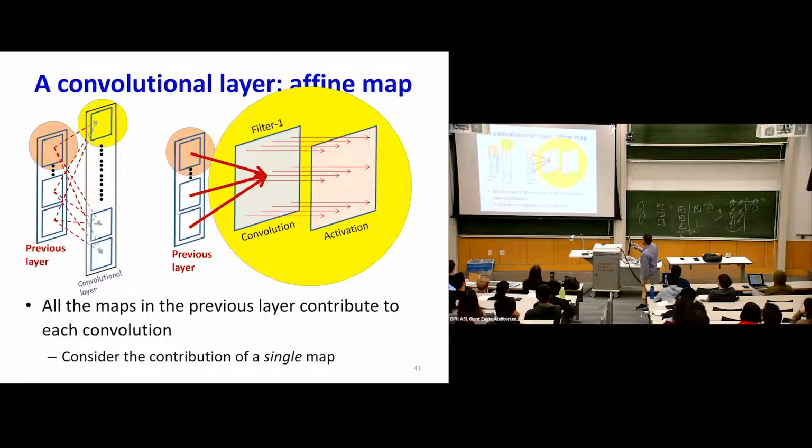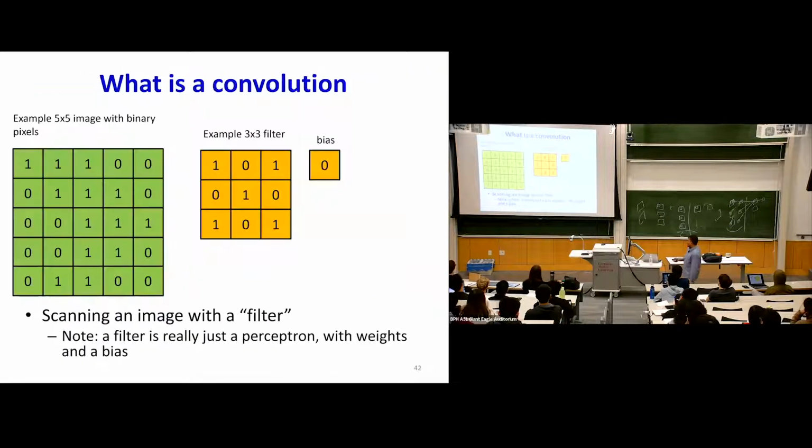So this affine value is the sum of the responses from all of the planes in the previous layer. Let's see just what one plane is going to give us. Corresponding to that plane, there's going to be a set of weights. And so in this example, I have a 3x3 filter. The S-plane is looking at a 3x3 region of the previous layer.